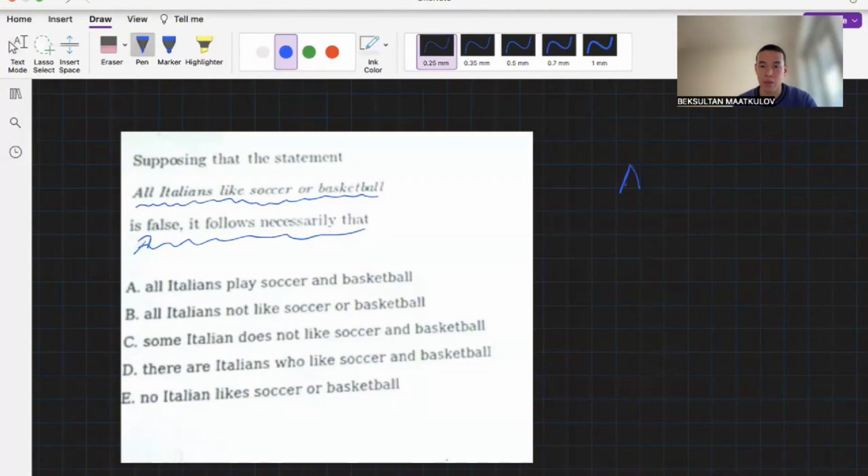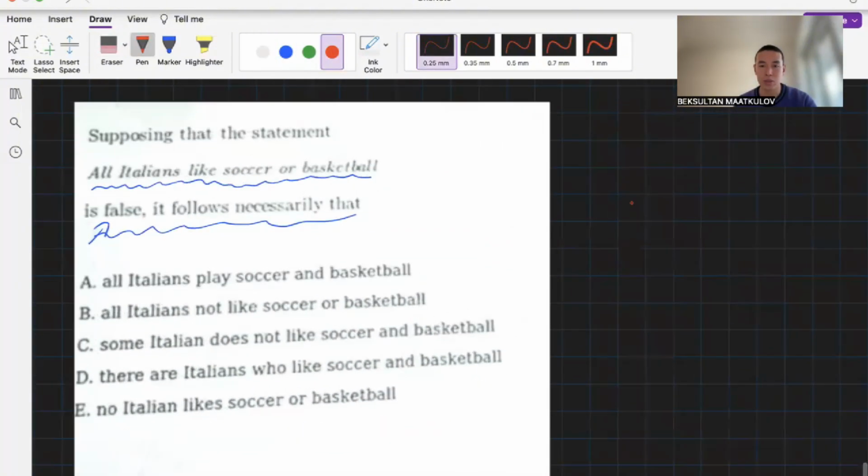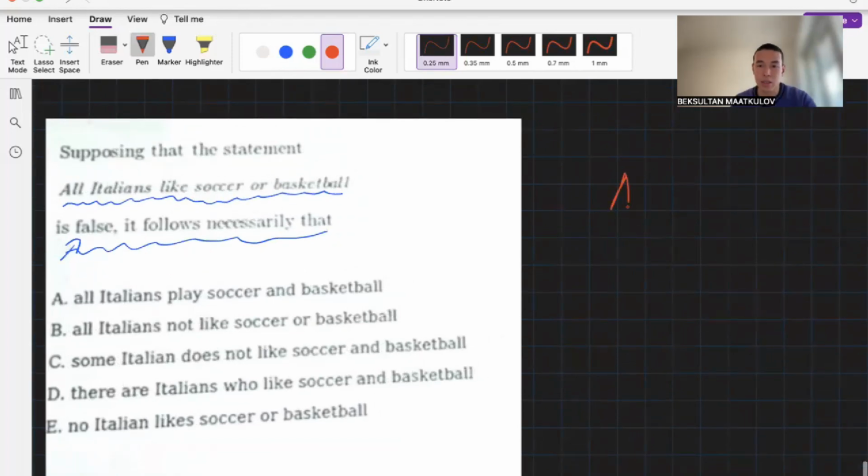So if you have the statement A and it says that it is false, what they want us to find is not A. Let's imagine this is our statement, all Italians like soccer or basketball, this is our A. Before solving this, I need to mention one thing about all statements.